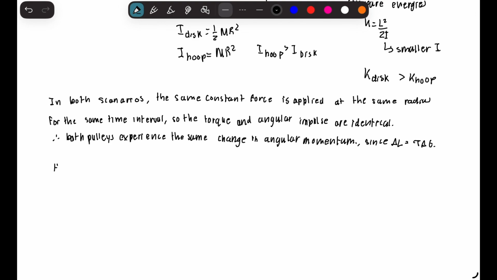However, as we stated, the disk has a smaller moment of inertia than the hoop.